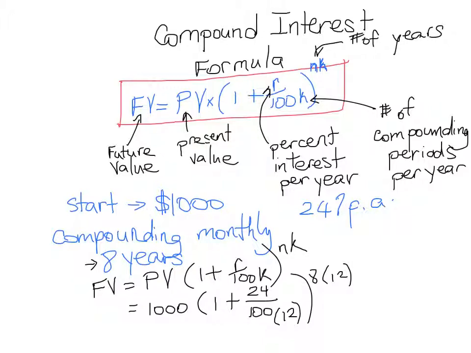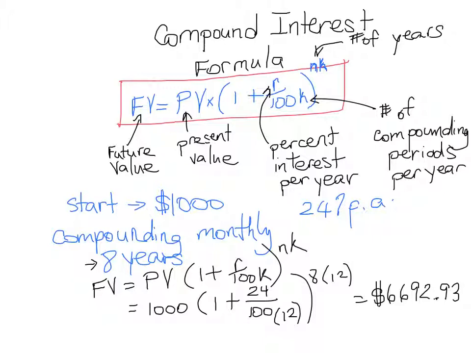Then to figure out how much you have at the end, you type all of that in your calculator, and your answer should be $6,692.93. Remember that since we're dealing with money, we always round to 2 decimal places unless otherwise stated.